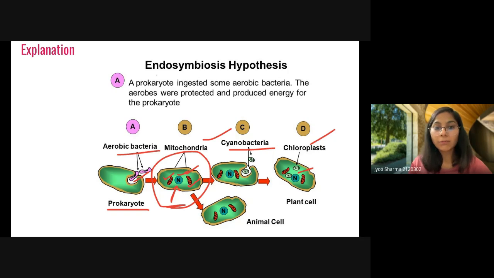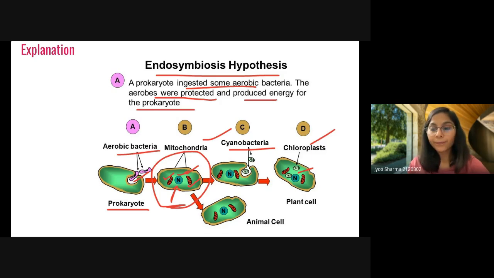This is nothing but the endosymbiosis hypothesis. The prokaryote ingested some aerobic bacteria, and these aerobic bacteria were protected and produced energy for the prokaryote, and this is how we have some organelles inside the animal cell or plant cell that have their own DNA.